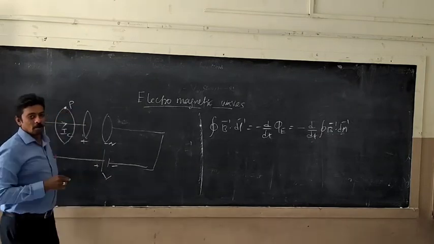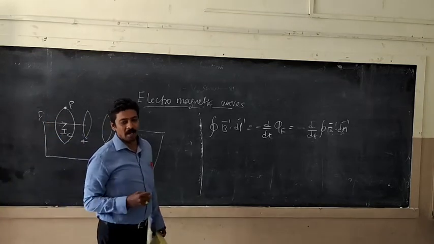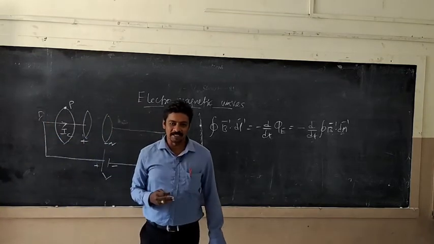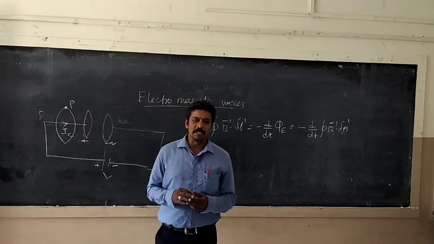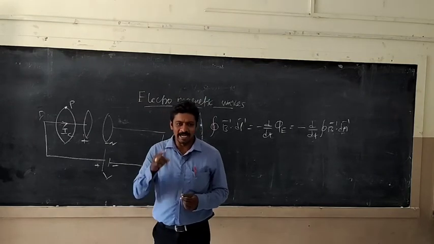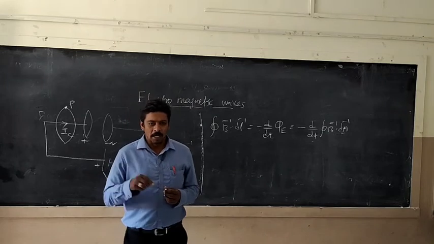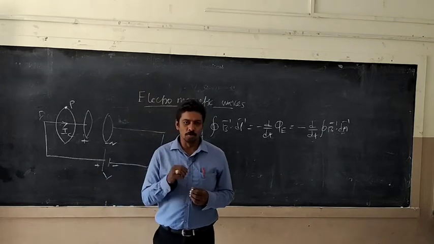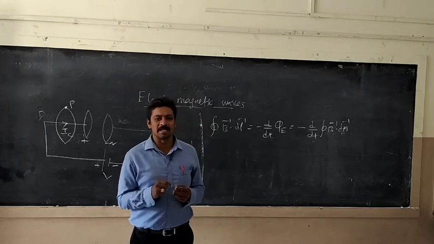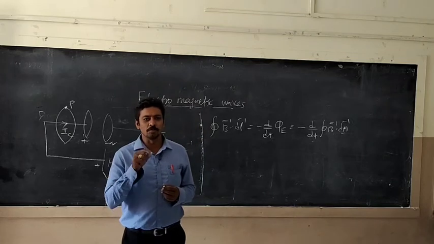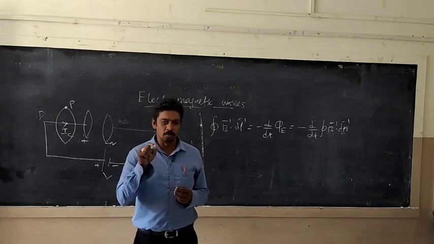So I have to follow Ampere's circuital law. What is Ampere's circuital law? Ampere's circuital law says that the line integral of the magnetic field around any closed loop is equal to mu naught times the net current flowing through the area enclosed by the loop.